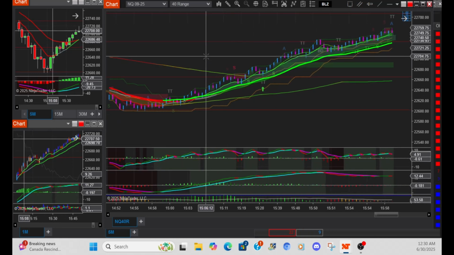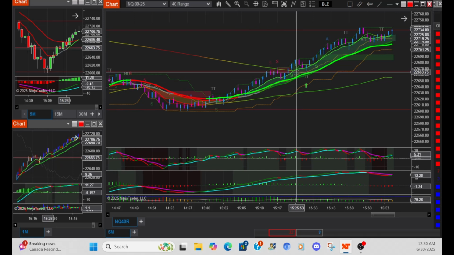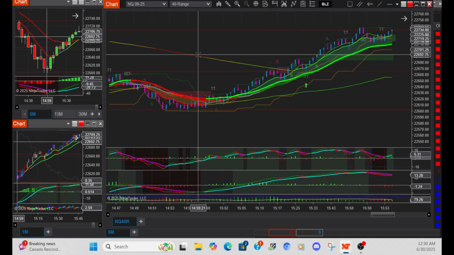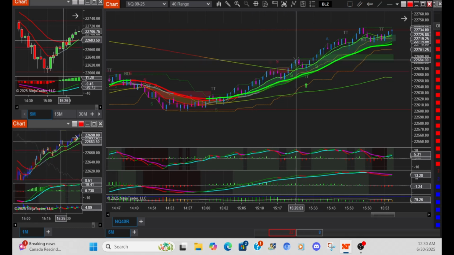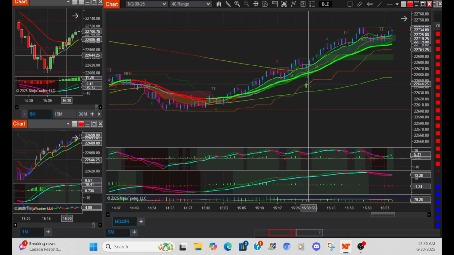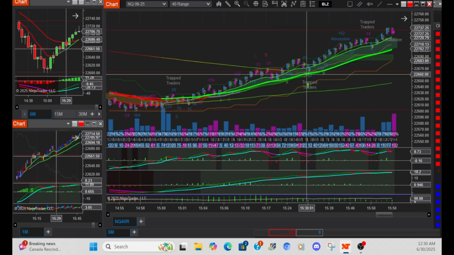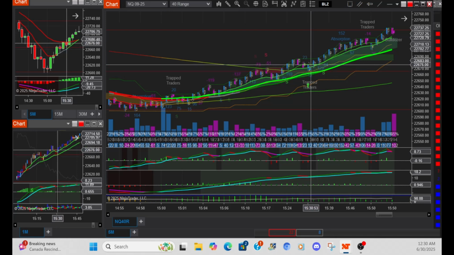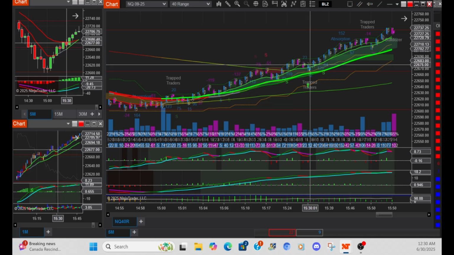With this trade, this is something that I see quite a bit with this new indicator. As it breaks the extreme line and it pulls back, we get a KISS signal. Trap traders, a bulldog, absorption, or even the surge.